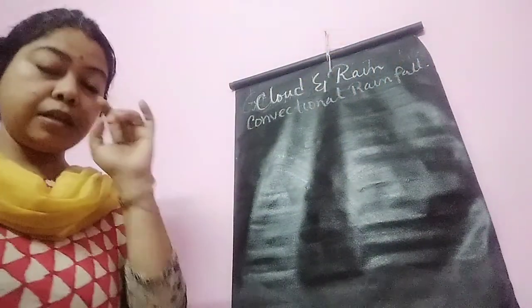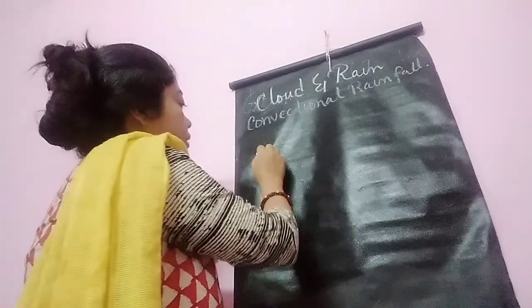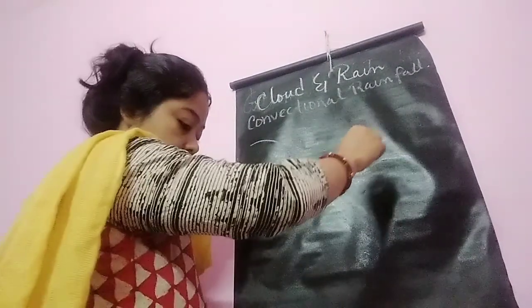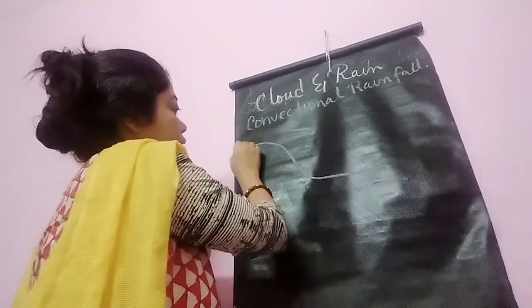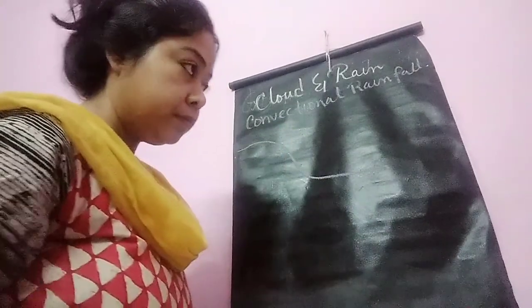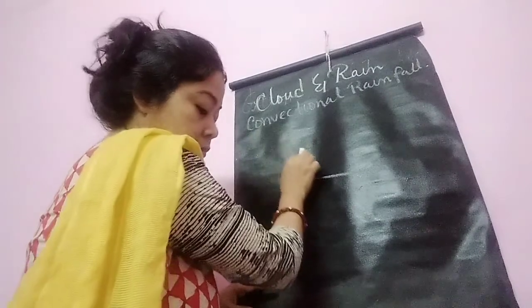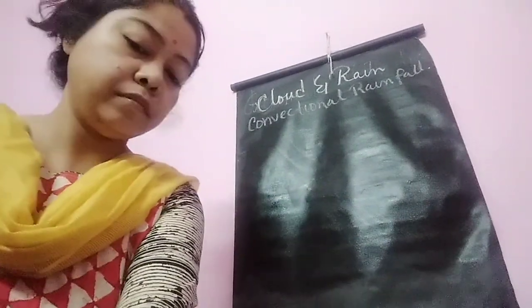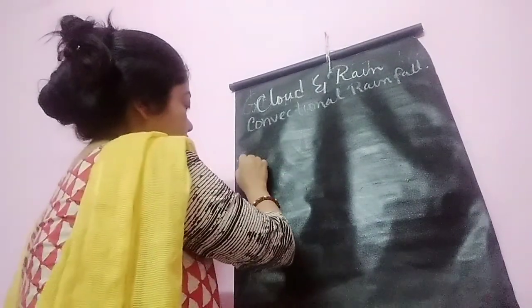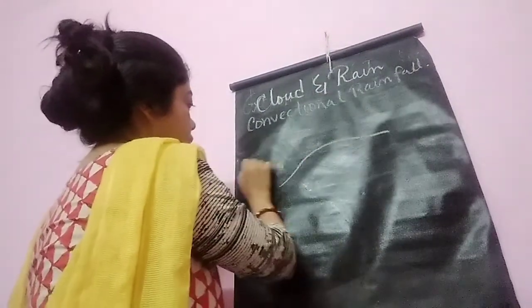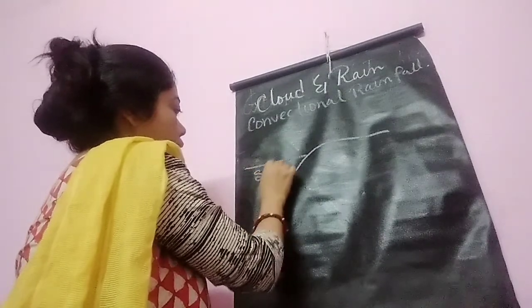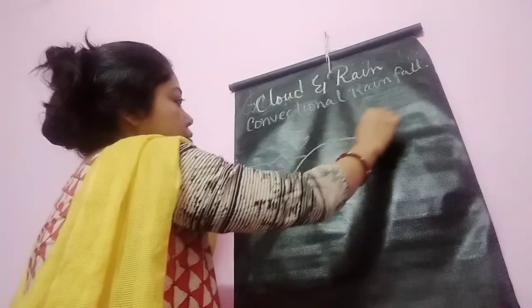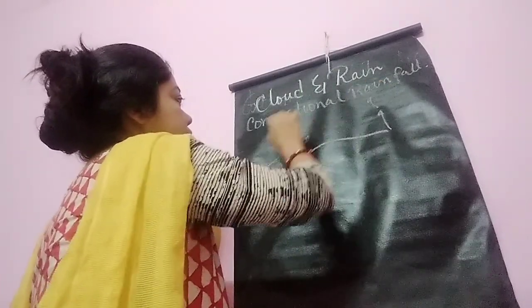So first is the convectional rainfall. Convectional rainfall occurs... this is water body C. From the water body, the water starts to evaporate and rises up.